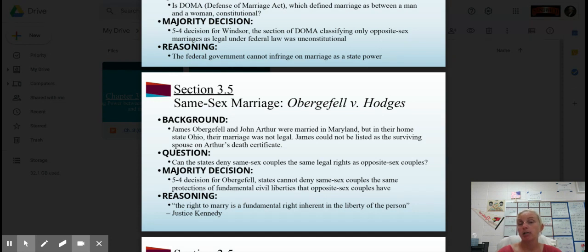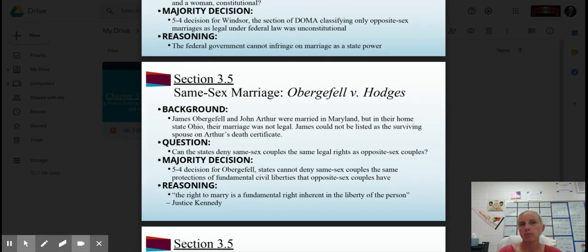It said in a 5-4 vote that the section of the Defense of Marriage Act classifying only opposite sex marriages as legal was unconstitutional under federal law. So the moral story is the federal law can't infringe upon a marriage as a state power. So this was giving power back to the states too. She was getting charged a federal estate tax. They can't do that because that violates her constitutional right.